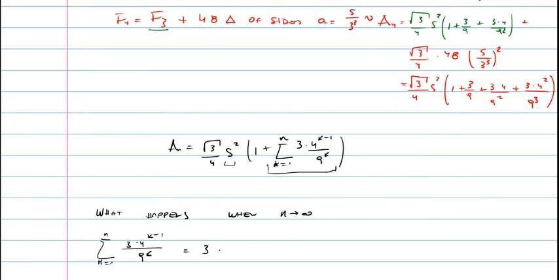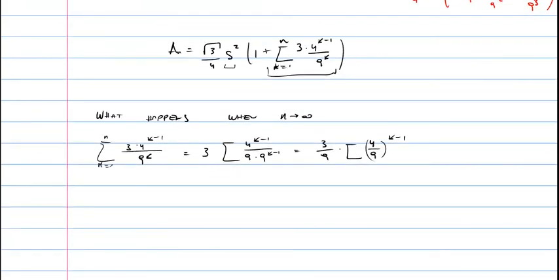We can write this as taking common factor 3, the sum of 4 to the k minus 1 divided by 9 times 9 to the k minus 1. So then this is 3 over 9, the sum of (4 over 9) to the k minus 1.